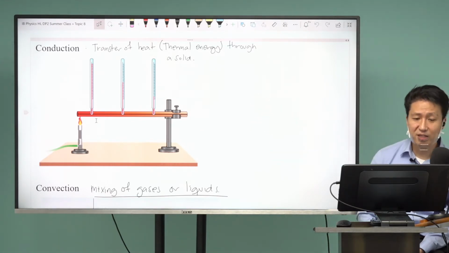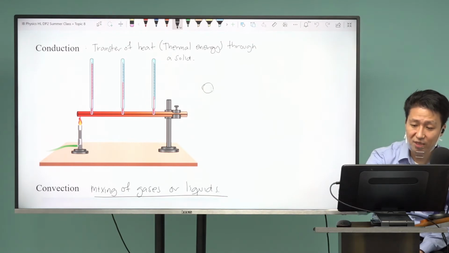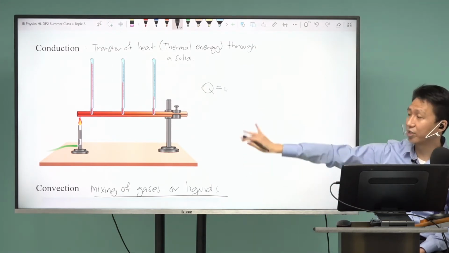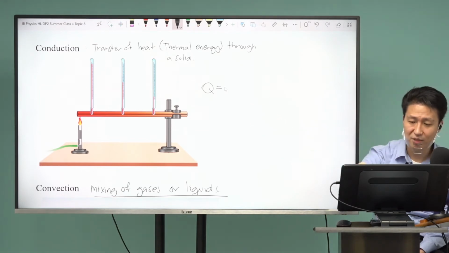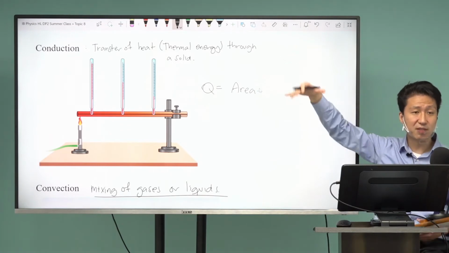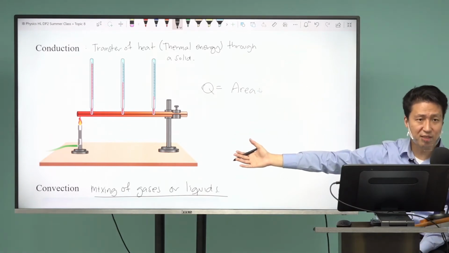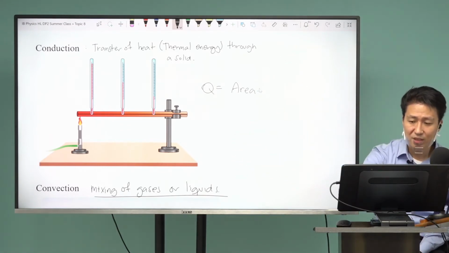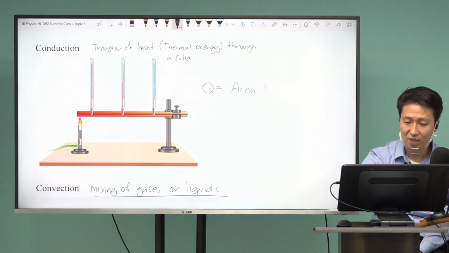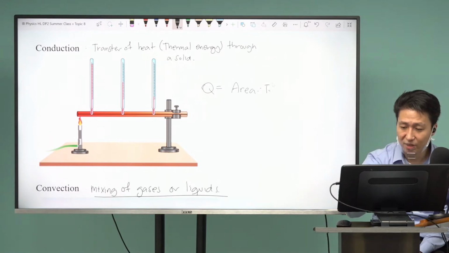One of the equations you might see is that the amount of heat transferred depends on first the cross-sectional area. Bigger area means a lot more heat can transfer through the solid. It also depends on the thermal conductivity of the object.